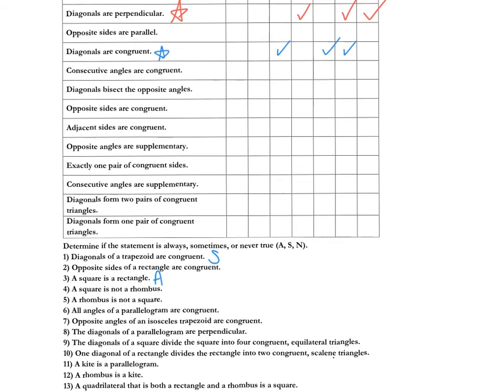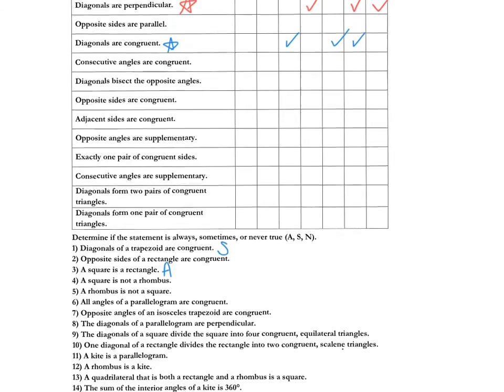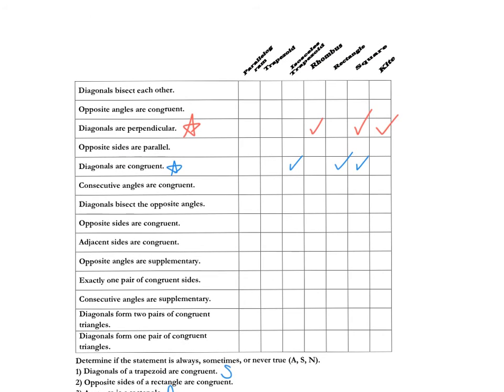Okay, so for number 8, the diagonals of a parallelogram are perpendicular. Well, that would sometimes be true because a rhombus and a square are both parallelograms, but a rectangle is also a parallelogram, so it doesn't have to be perpendicular.